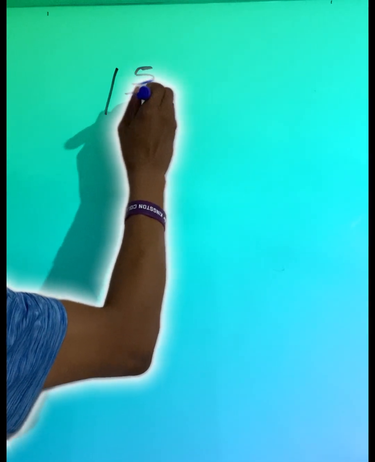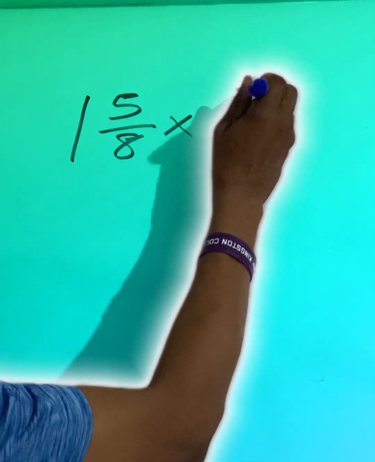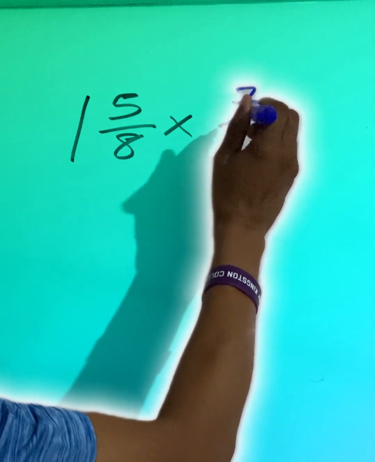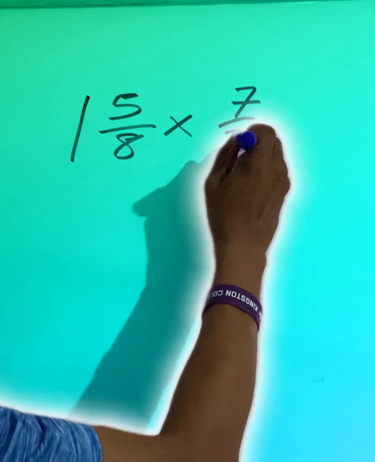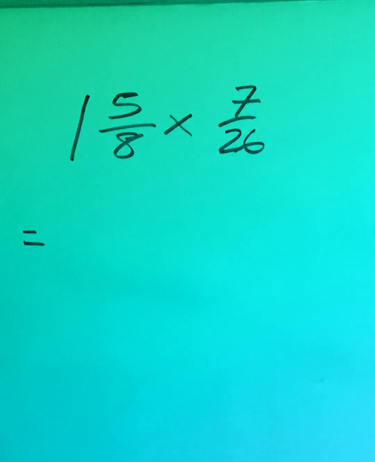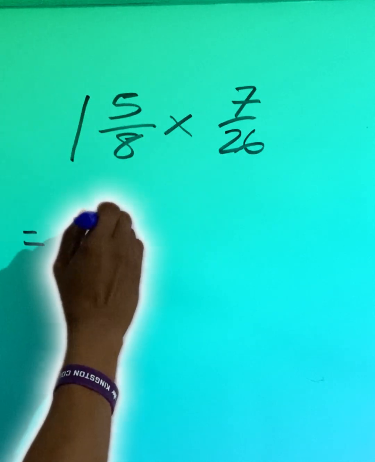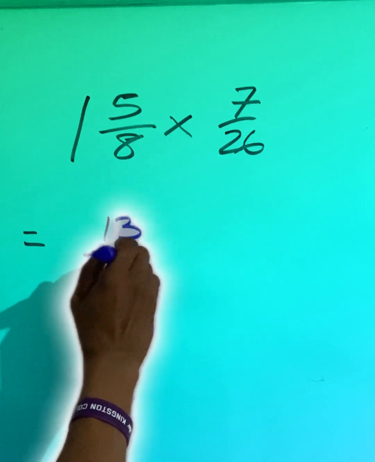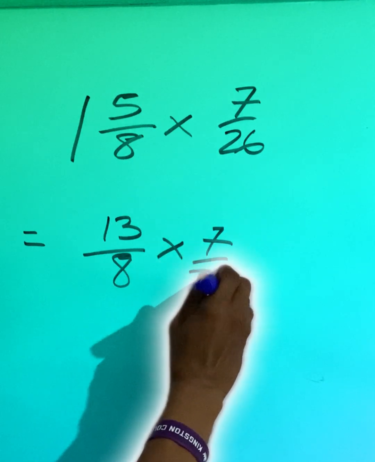Let's do another multiplication. 1 and 5/8 multiplied by 7 over 26. Okay? First we convert this into an improper fraction. 8 ones 8 plus 5 equals 13 over 8 multiplied by 7 over 26.